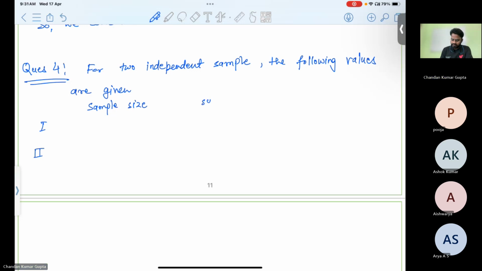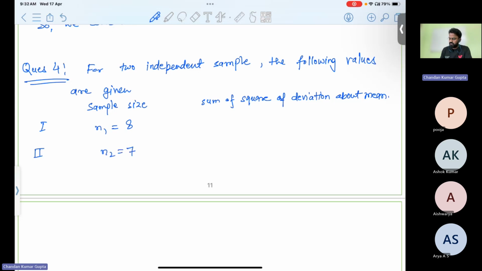So the data are n1 equal to 8 and n2 equal to 7.